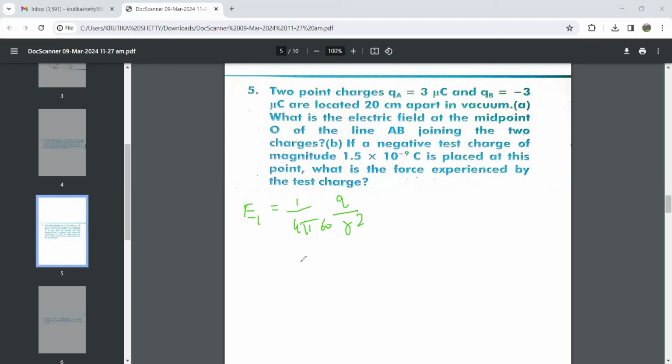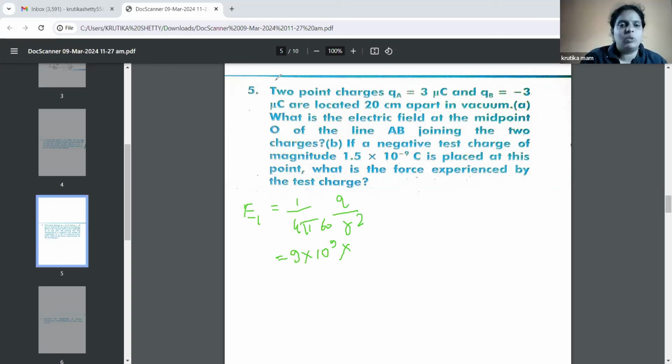And here the values are 9 into 10 raised to 9 into the Q value. So Q value we have 3 microcoulomb and the other one is minus 3 microcoulomb. Therefore here it is 3 into 10 raised to minus 6, and this R square, 20 centimeter.